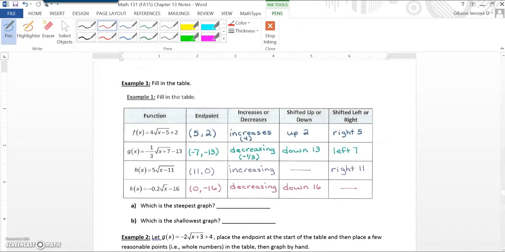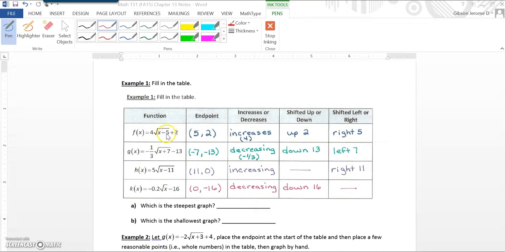Now I took the liberty of filling out this chart, and I will go through and explain this chart here, because as you all know on previous videos, this could end up jumping, so I just copied the chart here. Now we have the function f of x is equal to 4 times the square root of x minus 5 plus 2. Now we know the endpoint.